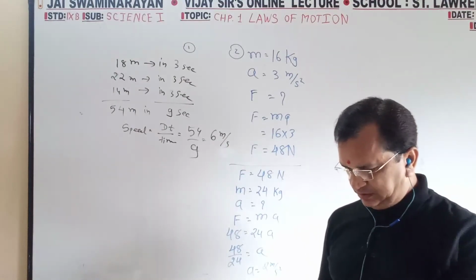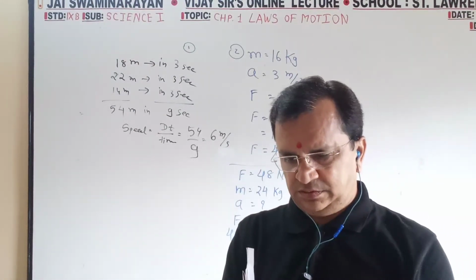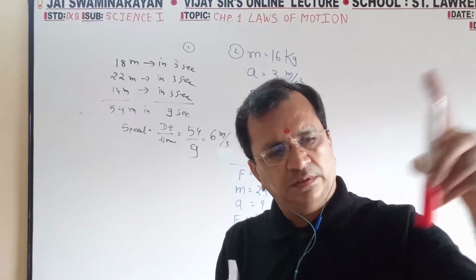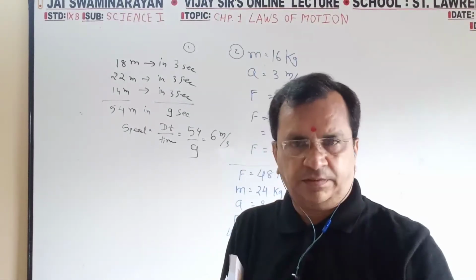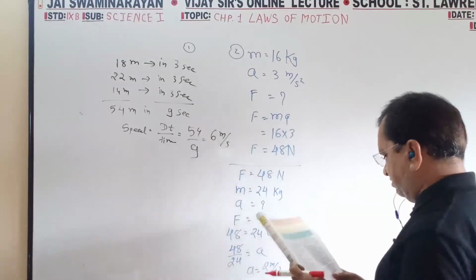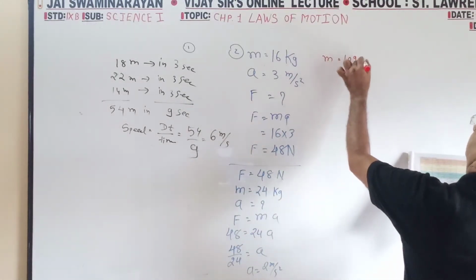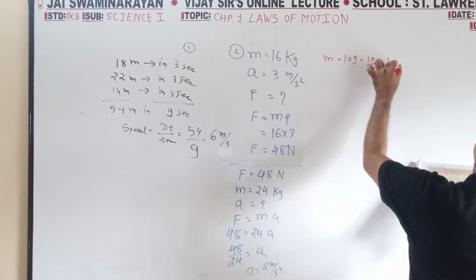Third, a bullet having a mass of 10 gram, which is 10 by 1000 kilogram.